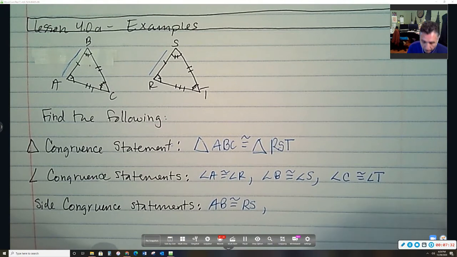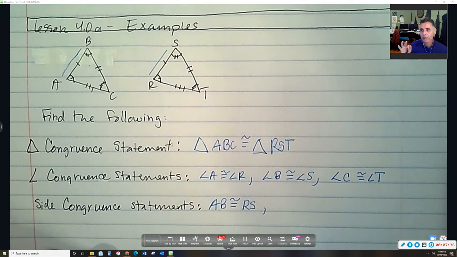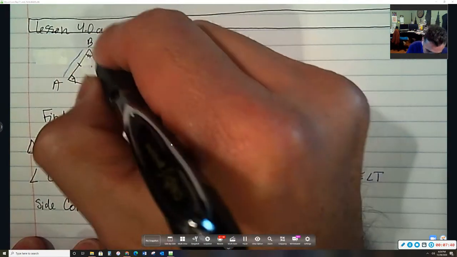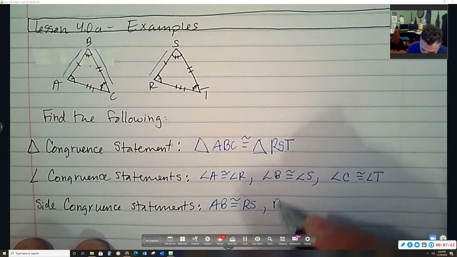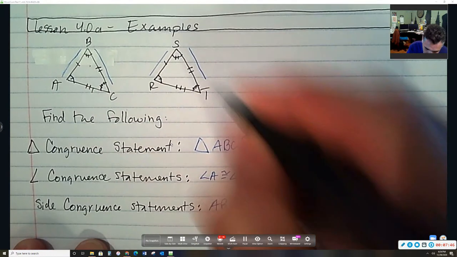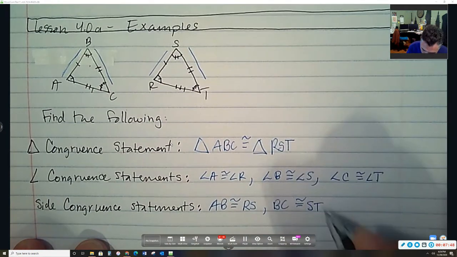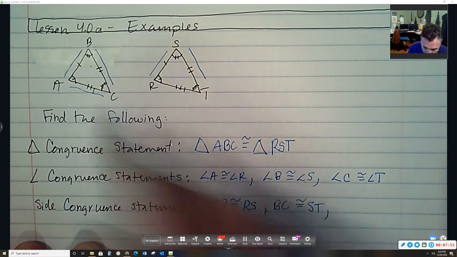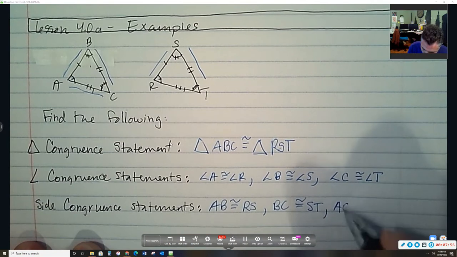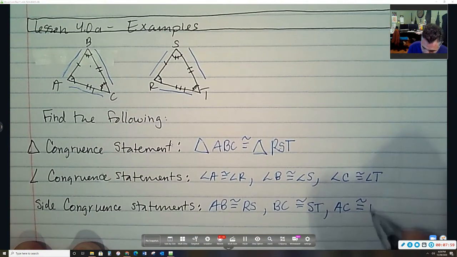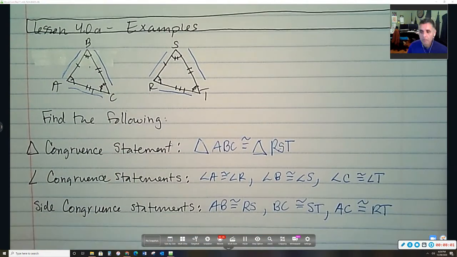That's 1 pair, and there should be 3 pairs because there's 3 sides on one triangle, 3 sides on the other triangle. Match them up. And then the next side over here that has 2 marks, that's BC, and that side is congruent to this side, which is ST. And then finally down here, this one has the 3 marks, AC, and that would be congruent to this one over here, which is RT. And that's it for this one.